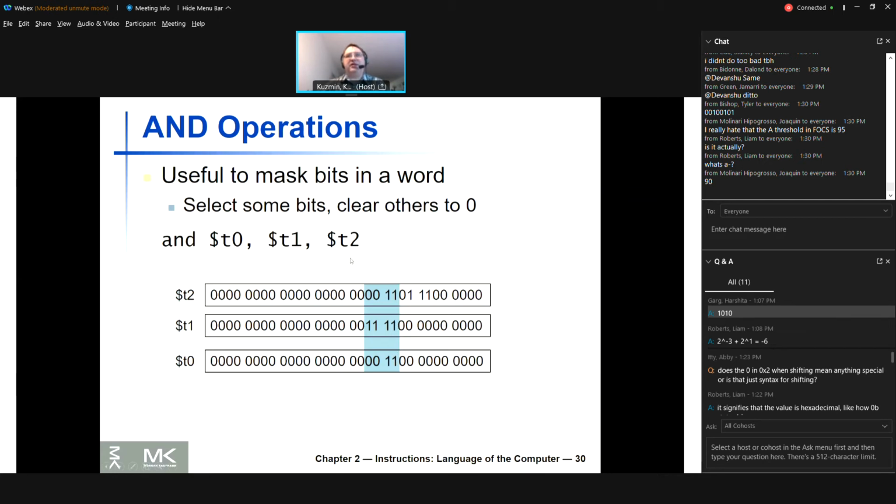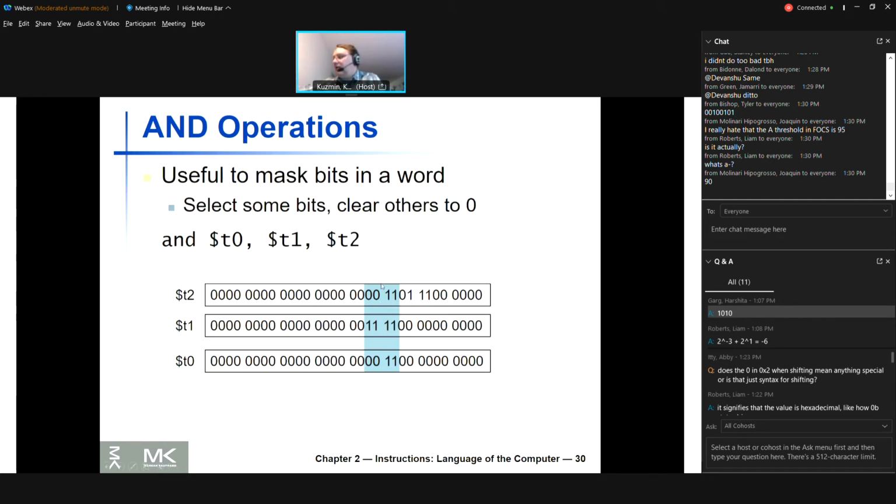So in this case, T2 is the mask, because we do T1 and T2, and the result is stored in T0. So we see how we cleared all bits except for bits that are ones in our mask, and for those bits we just kept them intact from T1.